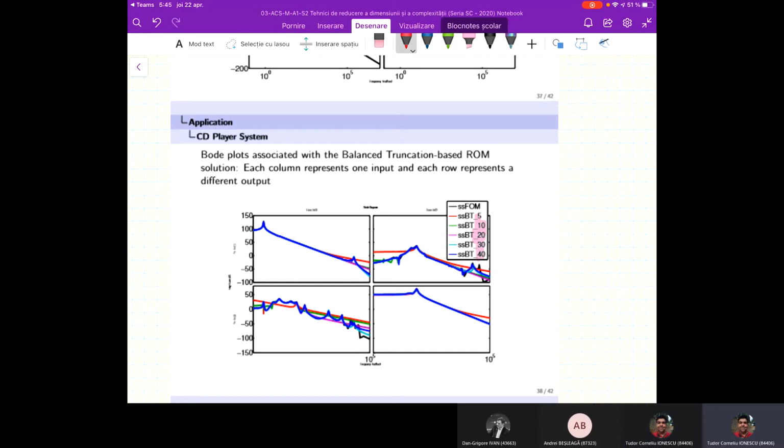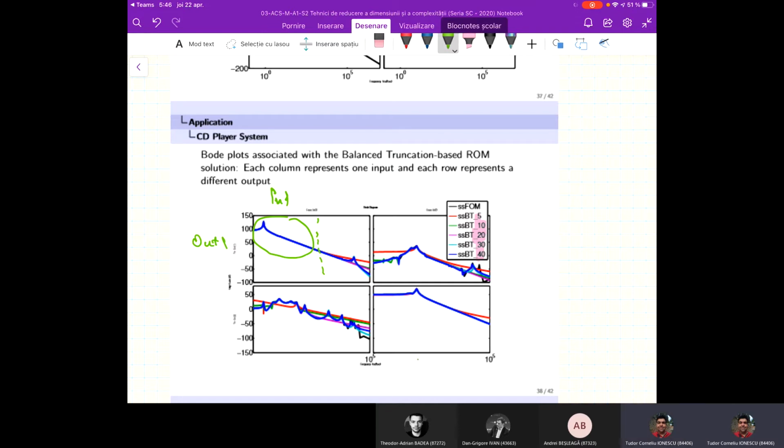Look, for specific inputs, from input 1 to output 1, so this is input 1, this is output 1, you see that at low frequency the response is matched for all the dimensions. The same holds for the 2. This is input 2.